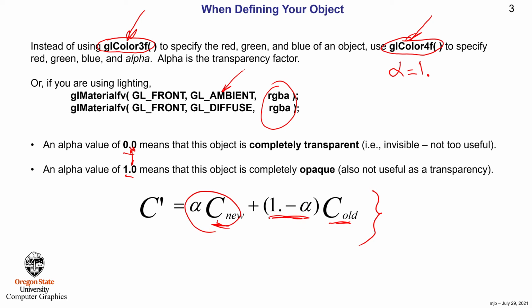And again, alpha equals 0. Well, if alpha equals 0, that means the new color is not there, and we get nothing but the old color. Alpha equals 1 means the new color is completely there, and we get nothing of the old, which again isn't terribly useful.